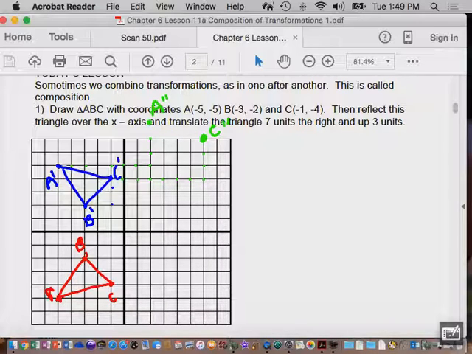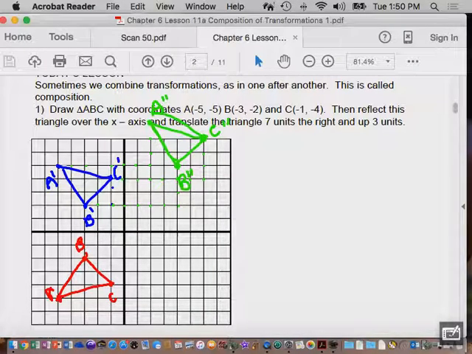A double prime. Now, go to B prime and go 7 to the right and 3 up. And there, that's a little bit off. There is my answer.